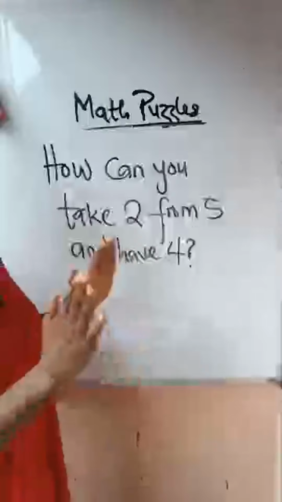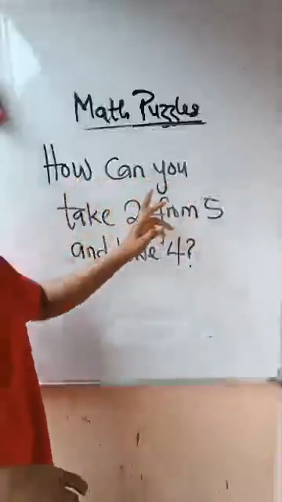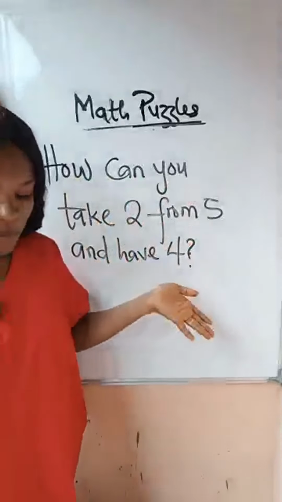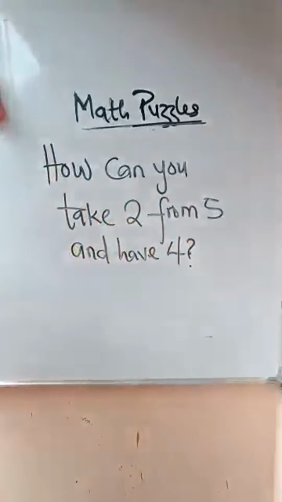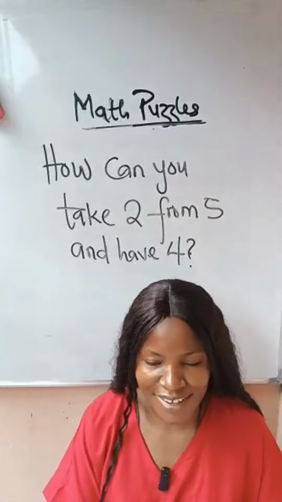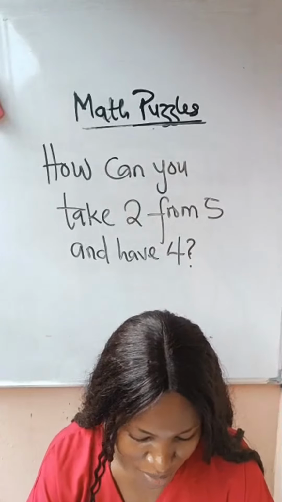So the math puzzle says, how can you take 2 from 5 and have 4. How possible is that? So waiting for your answers. So let me read the comment section. The comment section is always the most interesting part. Yeah. So let me see what we have to say.